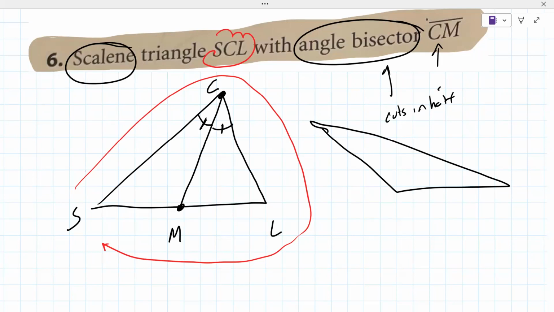Now, angle bisector is another word that you have to know the definition of. At the end of this unit, your review will have a list of 20 or 30 terms, and you have to know all of them.